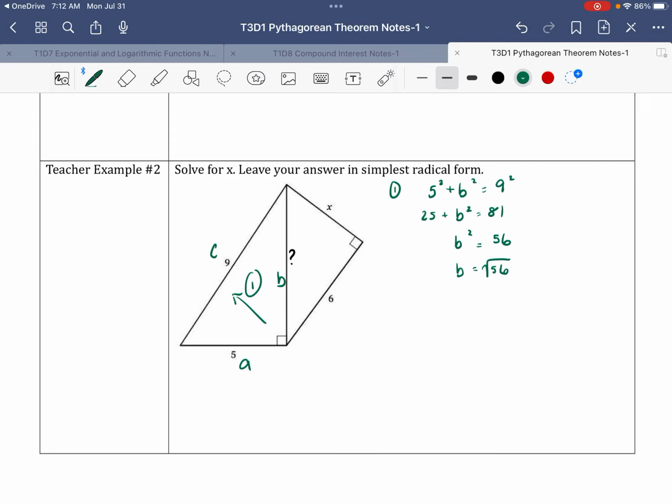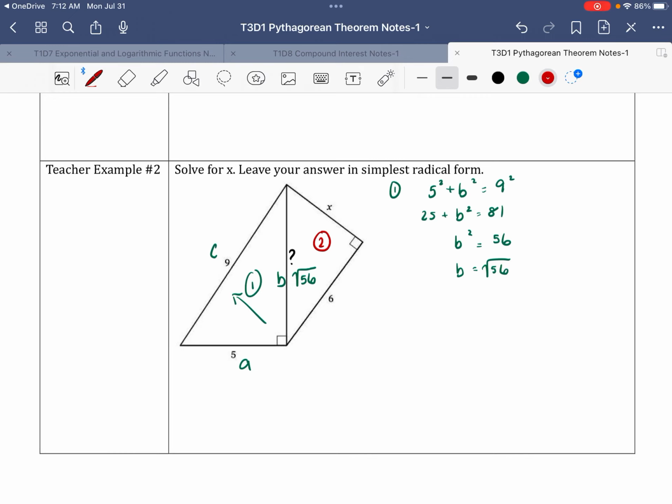Now, I'm going to be using the square root of 56 in my Pythagorean theorem for the second triangle. So here, since this is an intermediary step, I don't actually have to get it into simplest radical form. This is not my final answer. So I'm going to pause here, and I'm going to label this side to be the square root of 56. And then I'm going to move on to my second triangle.